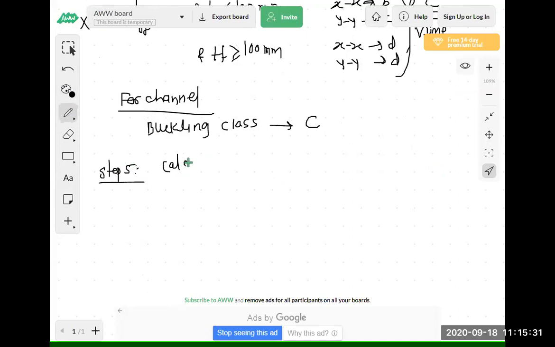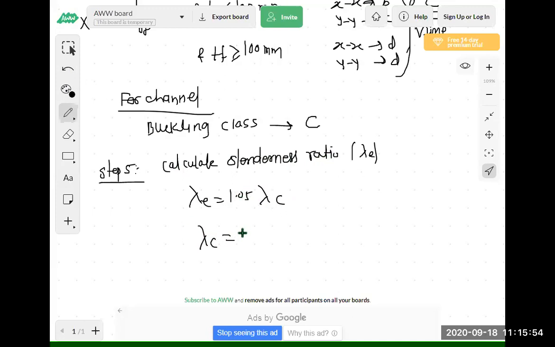Calculate slenderness ratio, that is lambda, but here we are calculating lambda e, and here lambda e is 1.05 into lambda c, and lambda c is here KL by r minimum.